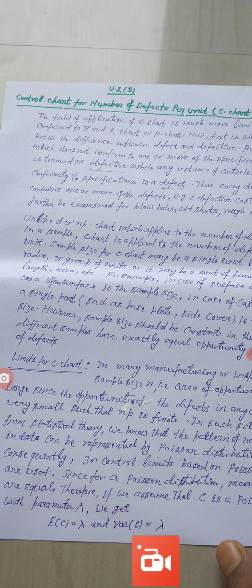Now, what are the limits for the C chart? In many manufacturing or inspection situations, the sample size n, which means the area of opportunity, is very large.